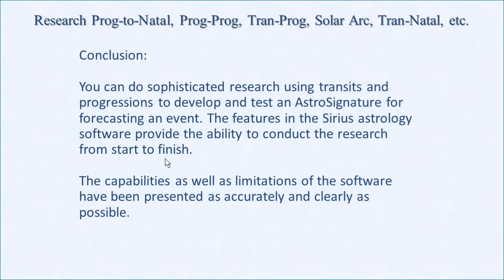So there it is, my friends. That's how you can do research on any kind of event. I used accidents as an example, using progressed-to-natal, progressed-to-progressed, transit-to-progressed, solar arc, transit-to-natal.